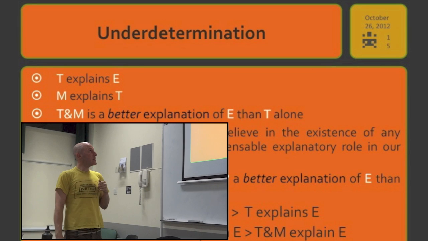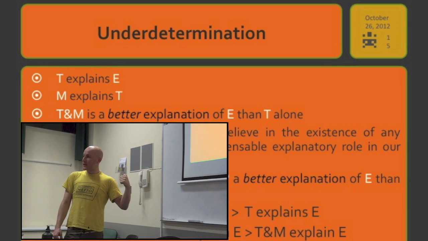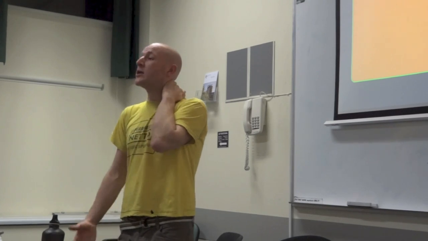And the claim here is that T and M is a better explanation of E than just T by itself. So the biological explanation of why cicadas are doing this crazy thing is an explanation, but a better explanation is one that's also explained by why prime cycles have that feature, and that's done by the number theory, by M. So if we have both T and M, we've got a better explanation of E than if we've just got T. Similarly, you might think Darwin was right when he said what explains why bees make hexagons is that it's evolutionarily optimal.